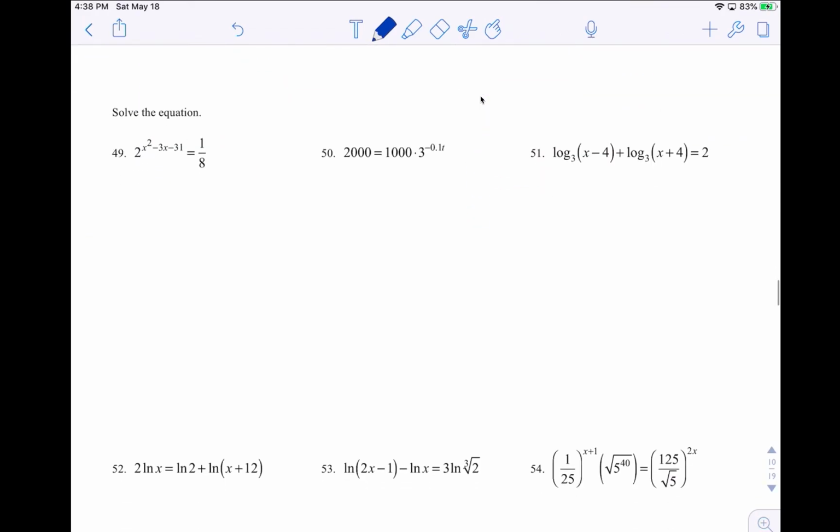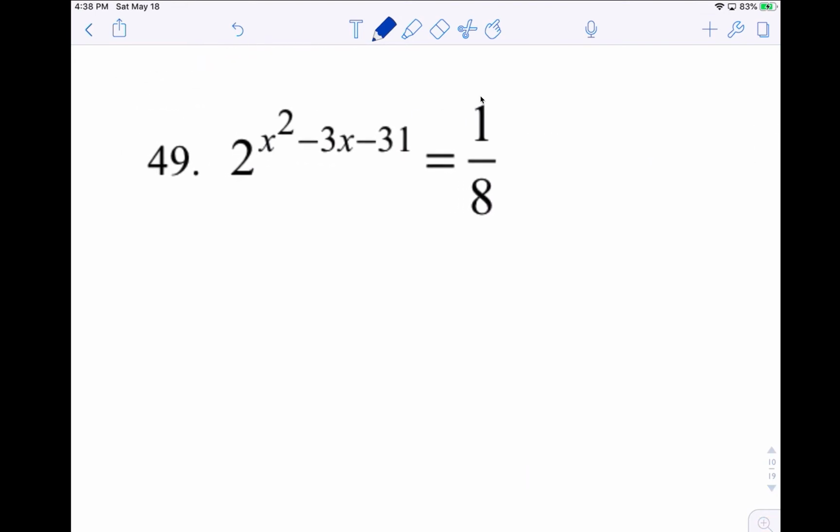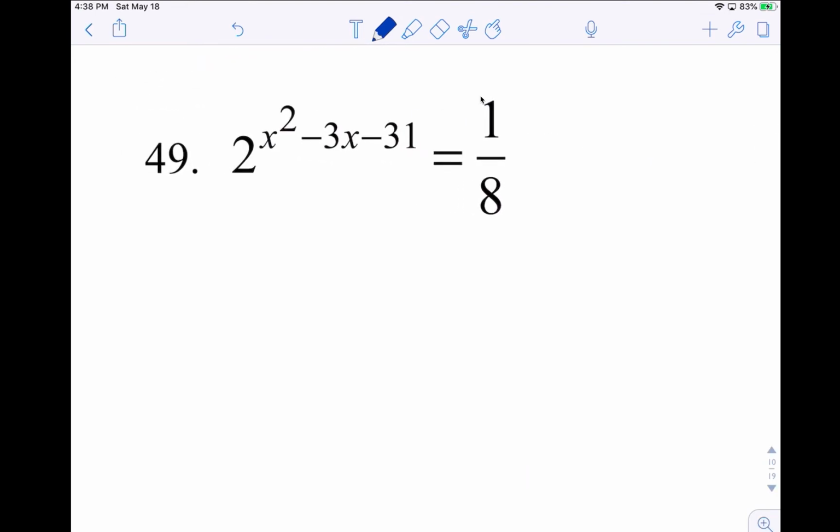Okay, so moving on to equations. So 49, if you can get the bases to be the same, that's always going to be your first trick for exponential equations. So this is now 2 to the x squared minus 3x minus 31 equals 2 to the negative third, sorry. So, same base, I'm going to set them equal.